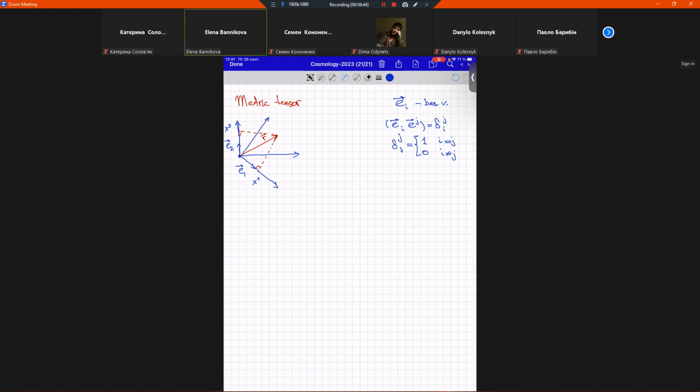Otherwise, we can put lines parallel to the axes, and here we will put x1, here x1, here x2.